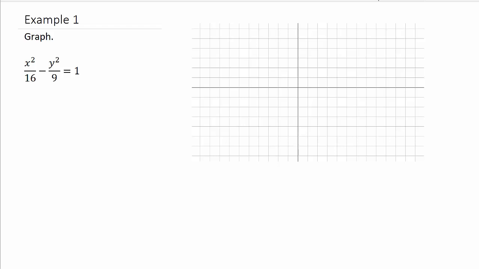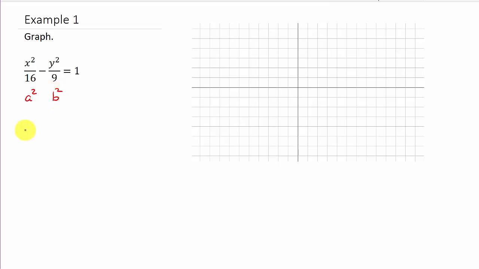Alright, so here's example 1. We've got x squared over 16 minus y squared over 9. The first thing we want to do is identify a and b. We know this term here is a squared and this term here is b squared.